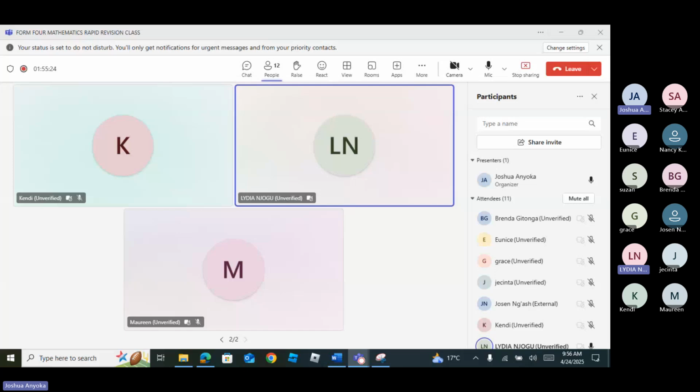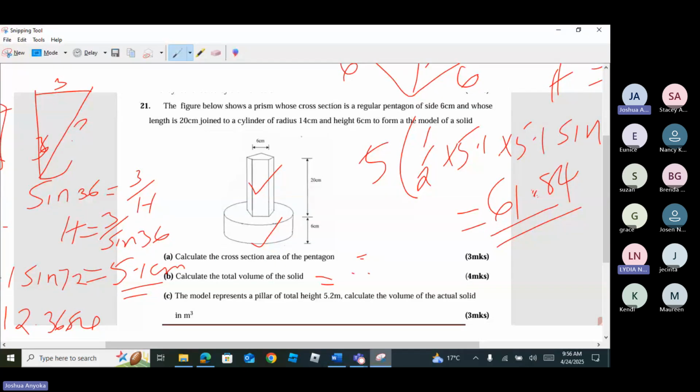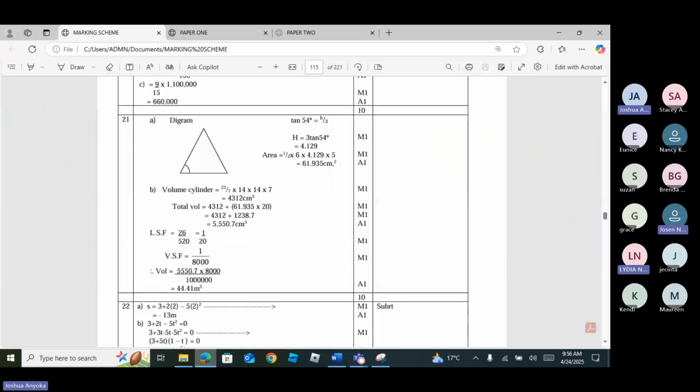All right. What's the response to part B? 4,931.7. Part C? Because of time, these are the responses to the questions.